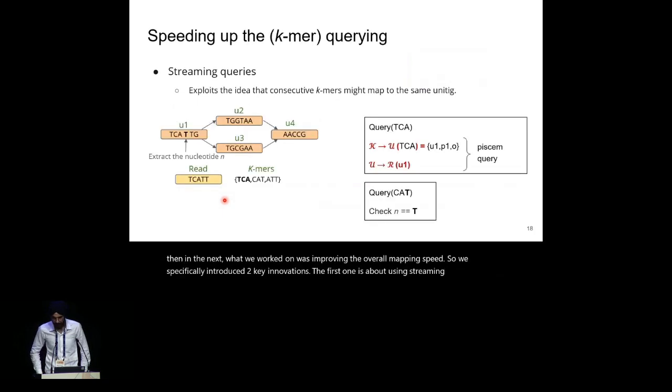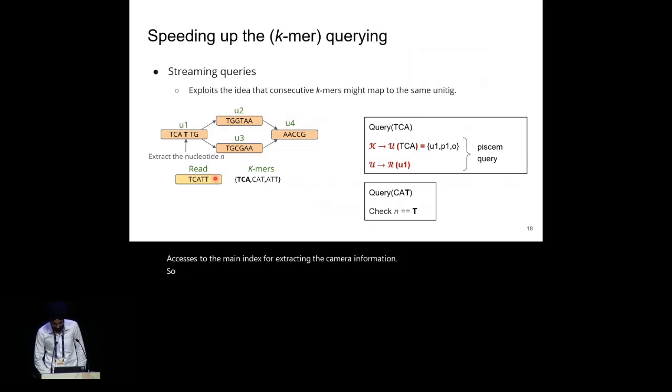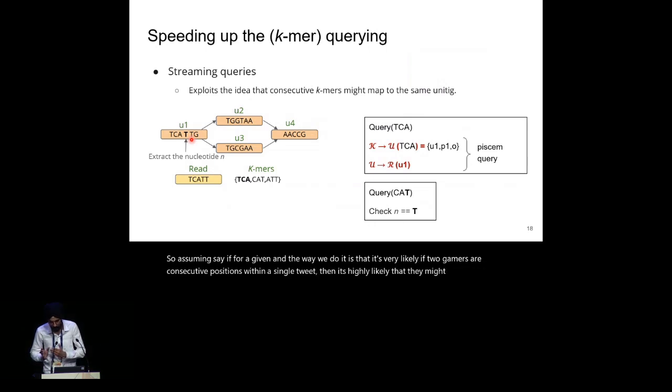The key thing to note is that we want to minimize the accesses to the main index for extracting that information. It is very likely that if two k-mers are at consecutive positions within a single read, then they might also be on the same unitig.